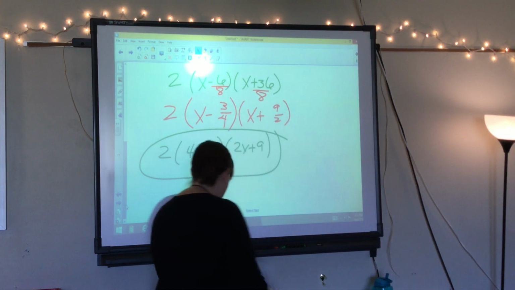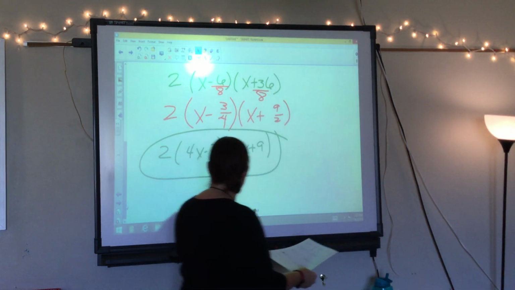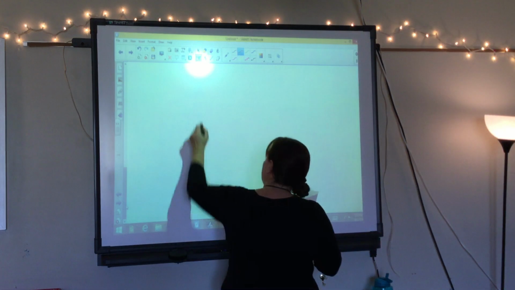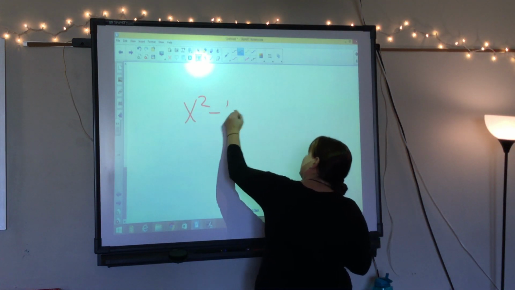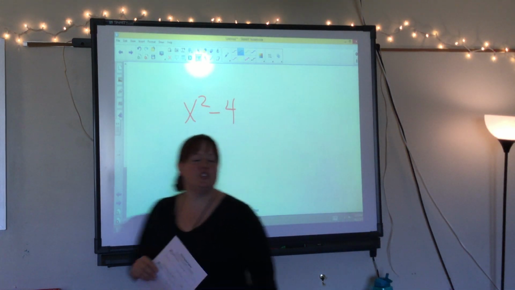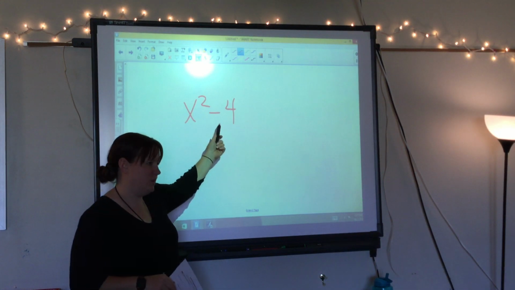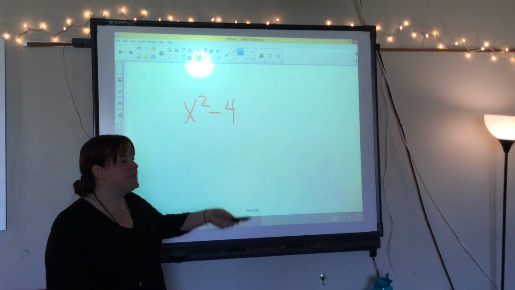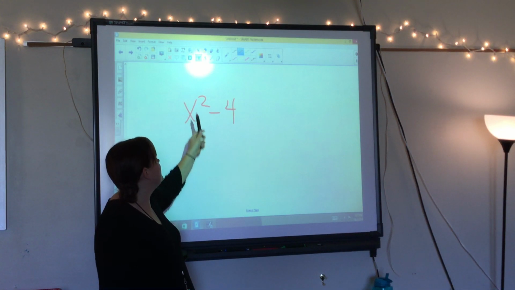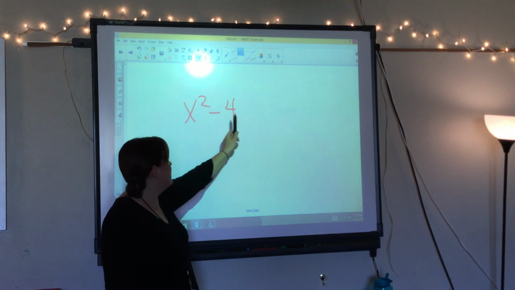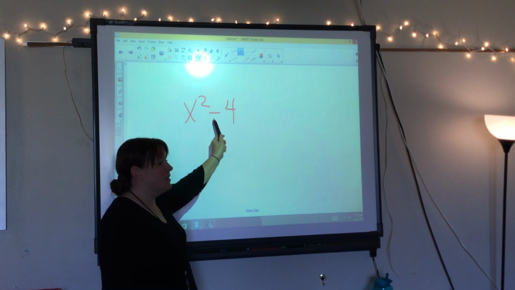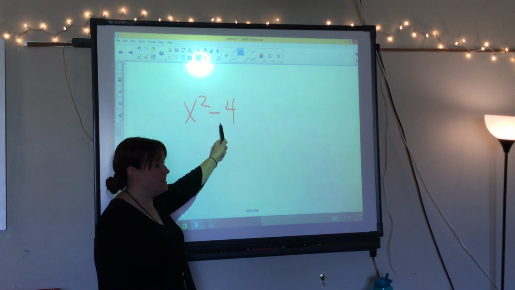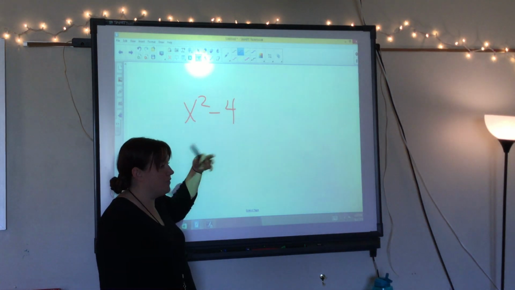The last thing we're going to talk about today is the difference of squares. You see this right here, and do you notice that it doesn't have a middle term? That's weird, right? All the rest of them had x squared plus something. This is called the difference of squares because there's a perfect square and another perfect square, and they're getting subtracted. Remember, difference is another word for subtraction.